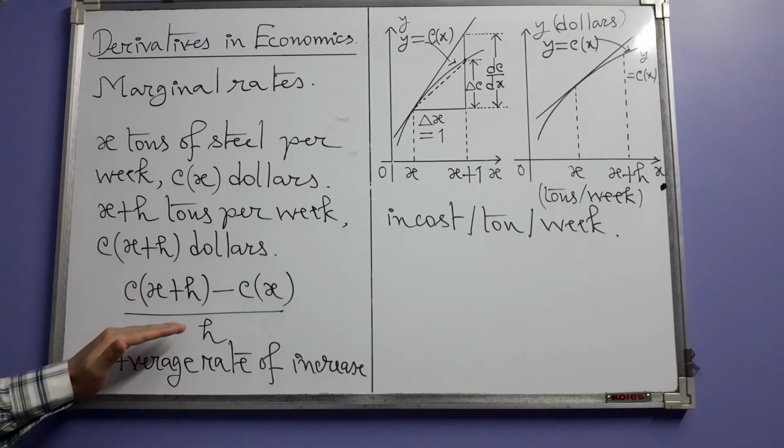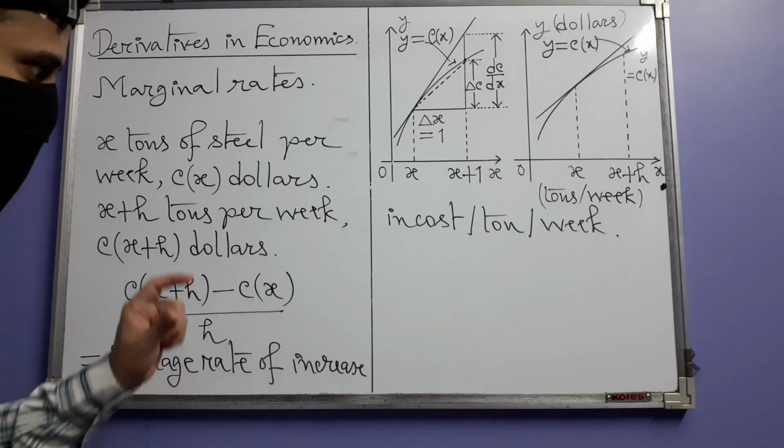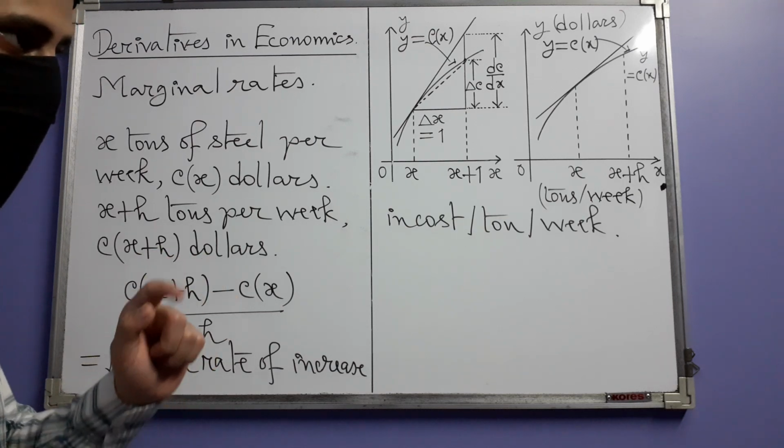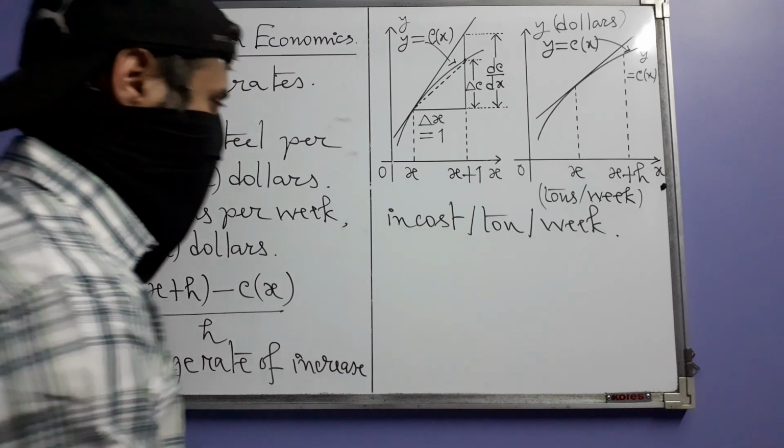And if one now calculates the limit of this ratio as H approaches 0, then one gets the derivative. That derivative is called the marginal cost.